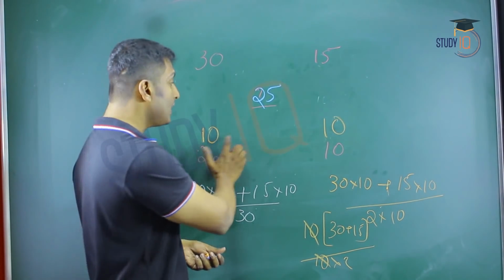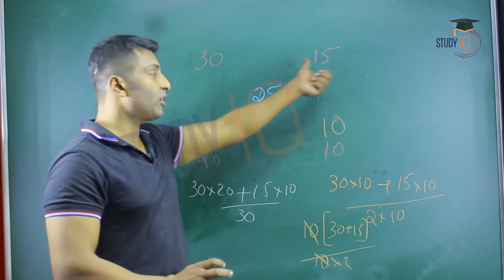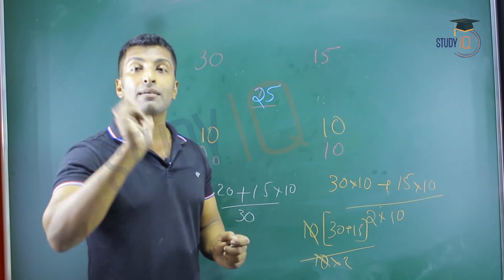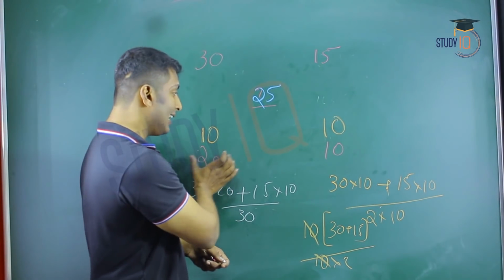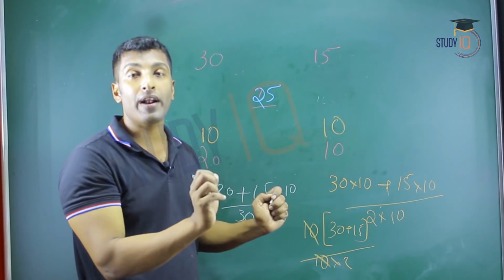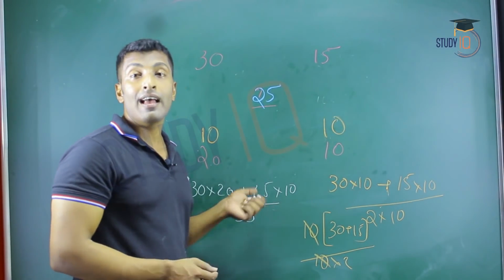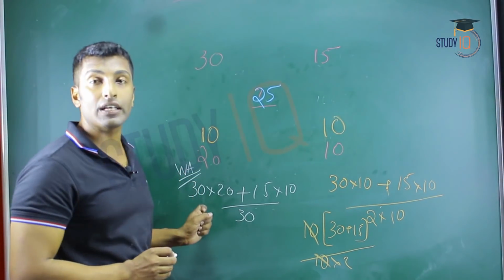In which case, if these numbers are the same, I am saying 10 boys and 10 girls, and the average of boys and average of girls is given, take the simple average, that is 30 plus 15 divided by 2. If the numbers are different, like 10 and 20, or for that matter any numbers that differ, you will have to do it like this, and this is what we call the weighted average.